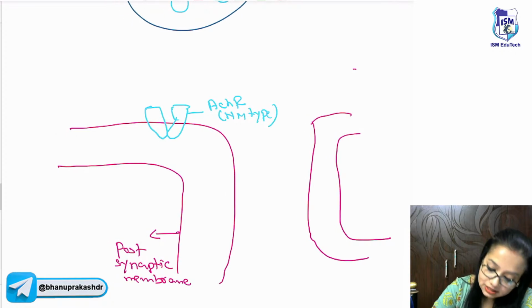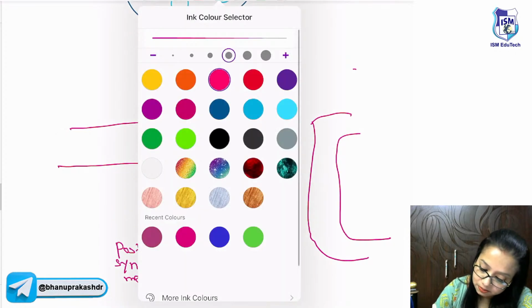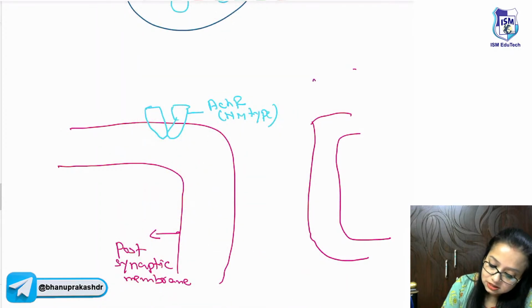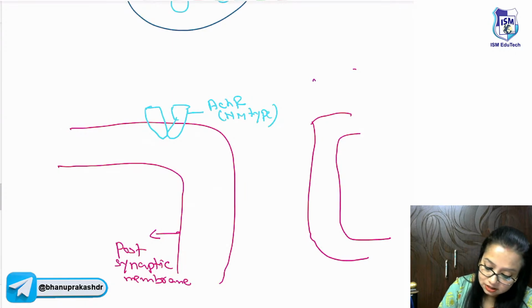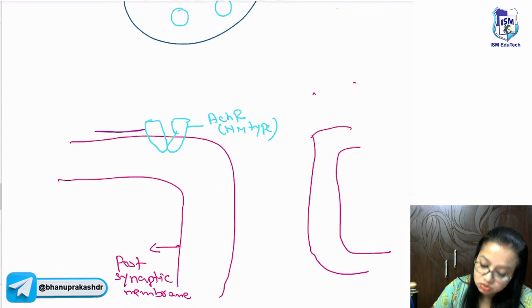Now this acetylcholine receptor is supported by a cluster of proteins. What are the structures in that cluster of proteins?